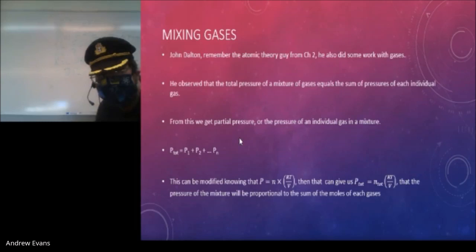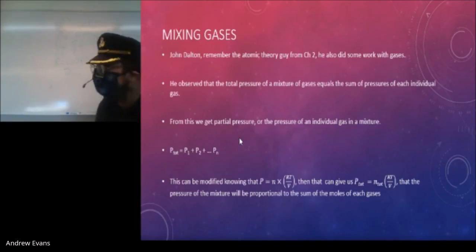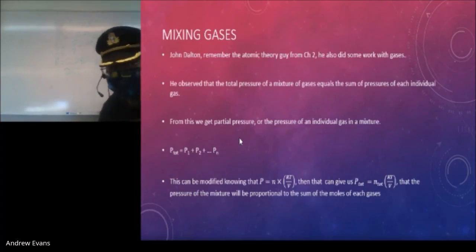The volume will not change when I'm adding more gases. If I add a bunch more gases to the room I'm in, the total volume will not change if the door is closed. The temperature ideally should not change if the gases are allowed to equilibrate to the same temperature. So the only thing that changes is the pressure, because the moles went up.